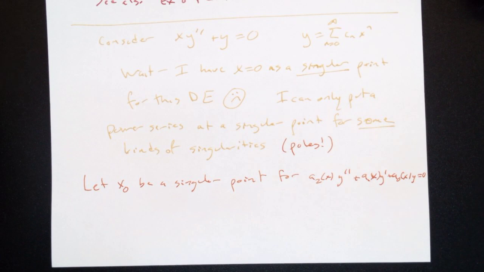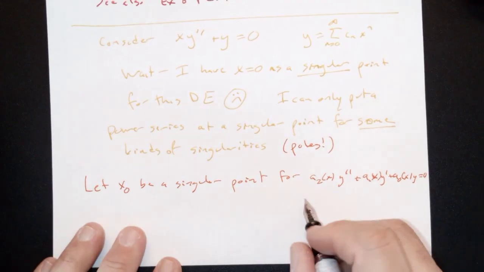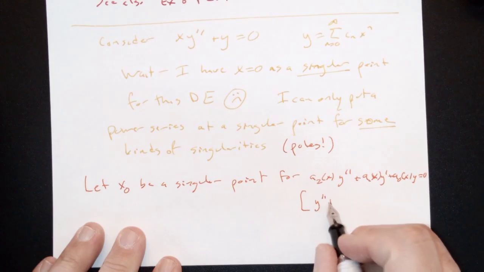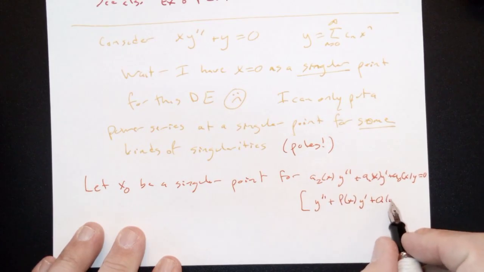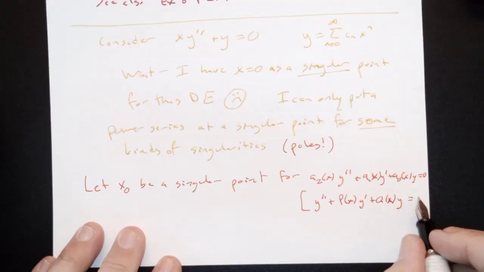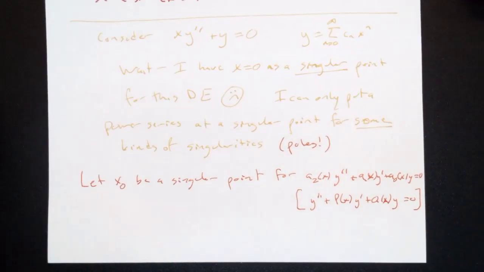Here's our usual second order differential equation. I didn't even write it in P and Q, I just wrote it with A2. But I could just as easily say, this is y double prime plus P of x y prime plus Q of x y equals 0. Same differential equation.